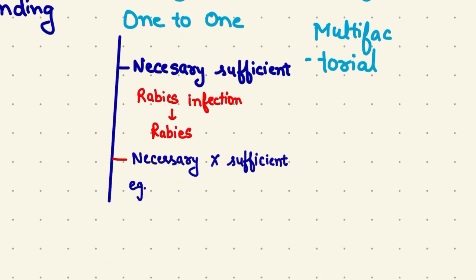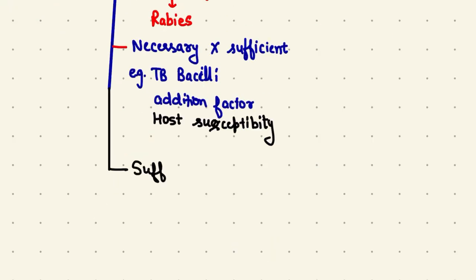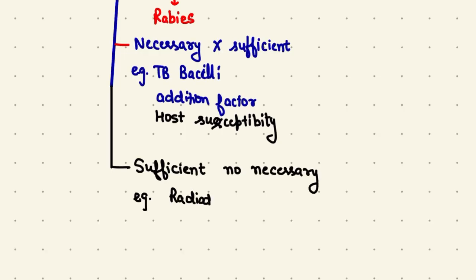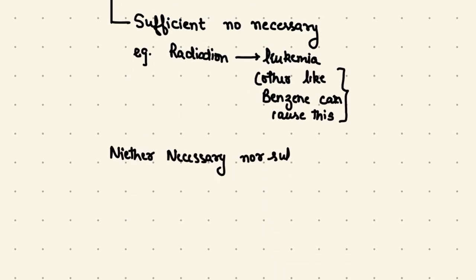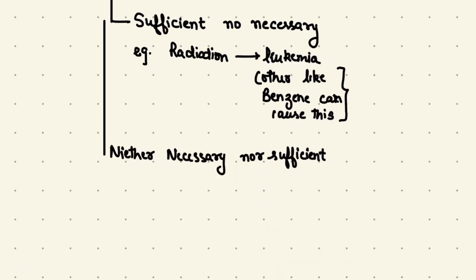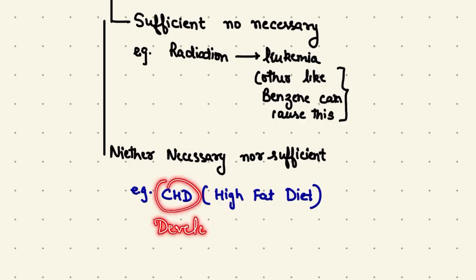Necessary but not sufficient, for example, tuberculosis bacilli require additional factors such as host susceptibility. Sufficient but not necessary, like radiation causes leukemia, but leukemia can be caused by other factors like benzene. Neither necessary nor sufficient, like coronary heart disease, which is caused by high fat diet. Only high fat diet does not guarantee CHD, and CHD can develop without high fat diet.